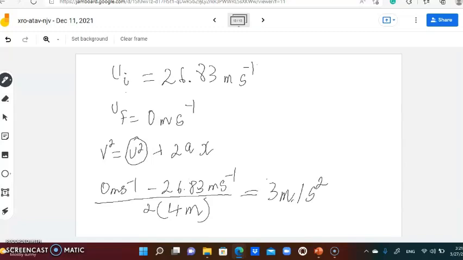Let's approximate it to the nearest whole number as 3 meters per second squared. And that is the answer to the question.